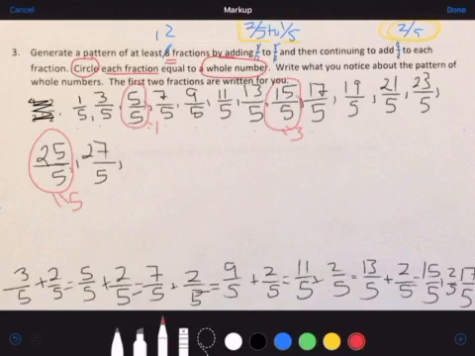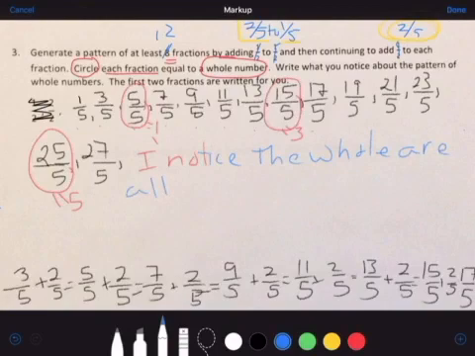Write what you notice about the pattern of the whole numbers. Well, let's look. I did 1, 3, 5. Ooh, 1, 3, 5. So I notice a few things. I notice, sorry for changing colors, I notice the whole numbers are all odd numbers.